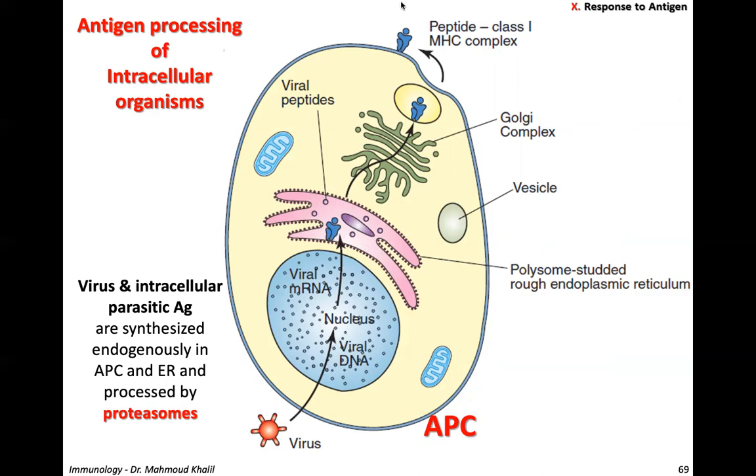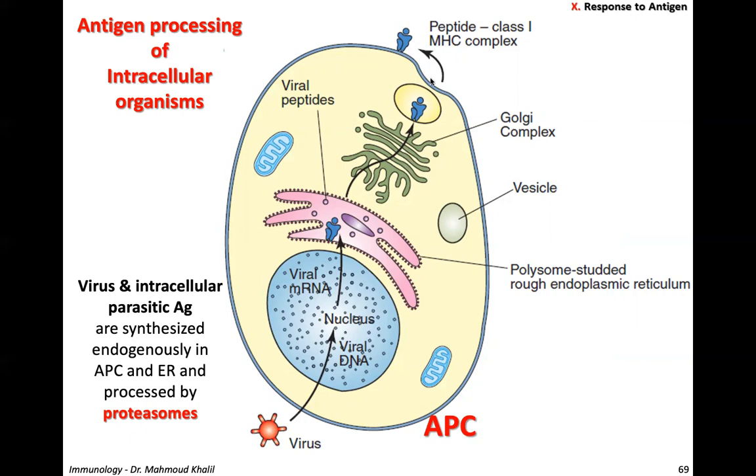Together with the class 1 MHC, you can see that part of the viral protein goes through the Golgi complex, because you know the major function of the Golgi complex is to sort and package and release the secretory vesicle toward the cell membrane.